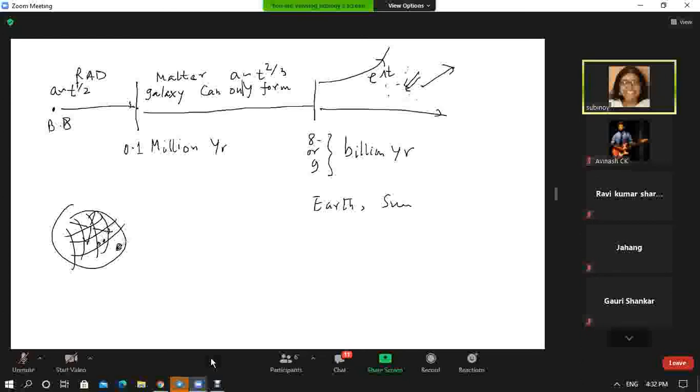But if somebody is here and somebody is here, and they measure the distance, they will see that they are going away very fast. So that's why intermediate galaxies or small galaxy clusters are out of this expansion. They don't feel it because gravity has already won over it in the matter-dominated era.